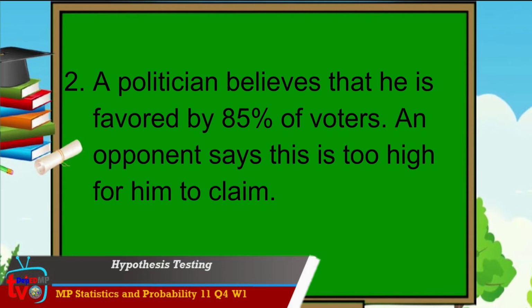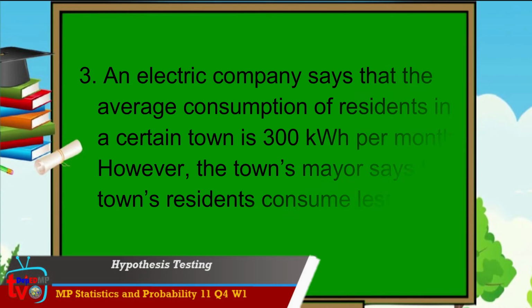Number 2. A politician believes that he is favored by 85% of voters. An opponent says this is too high for him to claim. Number 3. An electric company says that the average consumption of residents in a certain town is 300 kilowatt-hour per month.